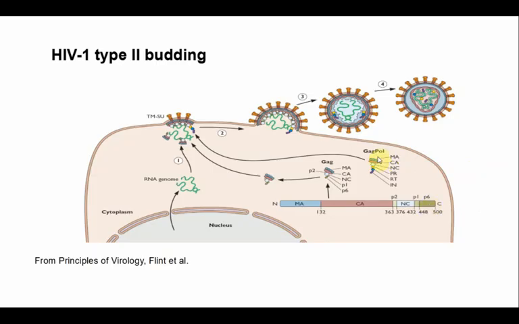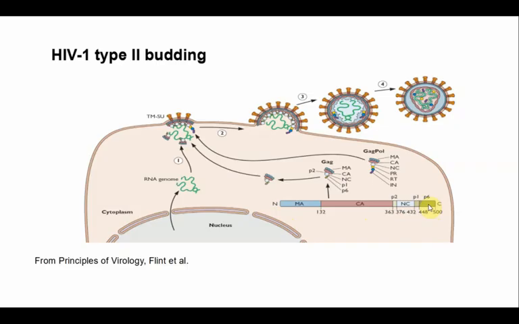Whereas in GAG-POL you've got matrix, capsid, nucleocapsid, protease, reverse transcriptase, integrase. And okay, matrix is important for the budding. Capsid is to produce a capsid. Nucleocapsid is to bind the RNA. We understand what the functions of all these things are. P6, what on earth is this thing doing?